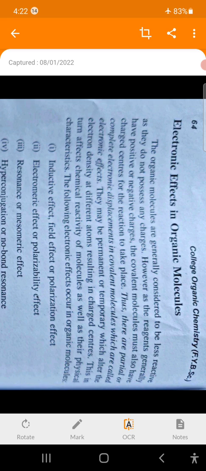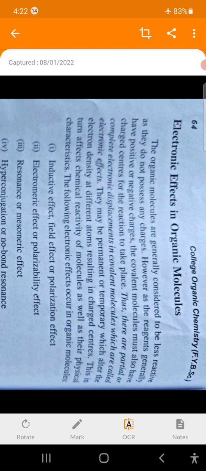That is, if we consider the whole space of a molecule, the electron density of that molecule is distributed unequally throughout that space. Some centers are electron rich and some centers are electron deficient.